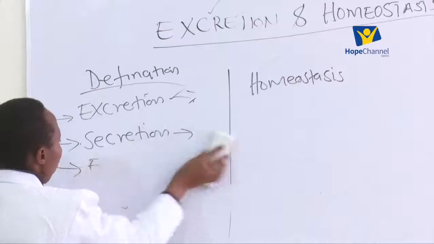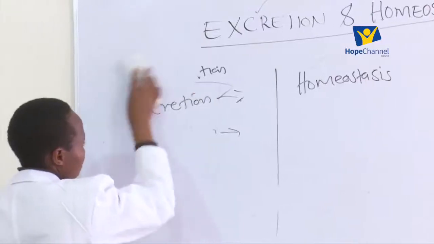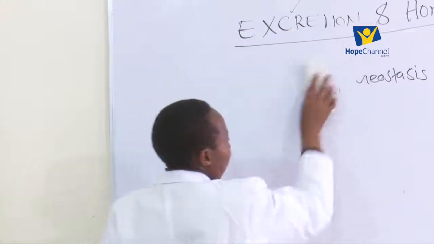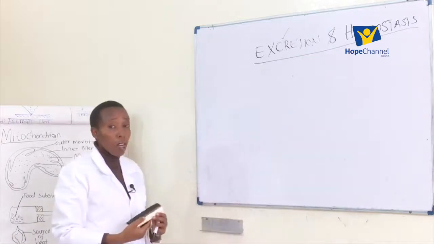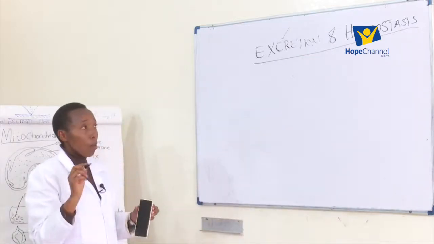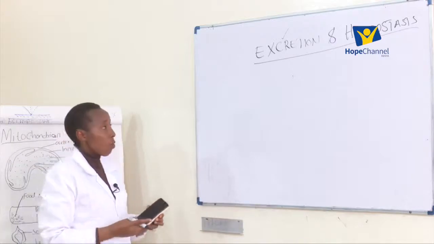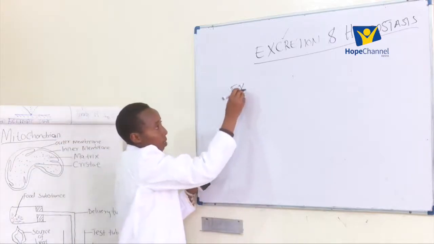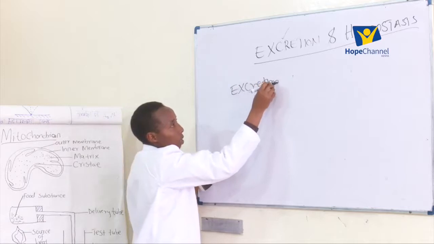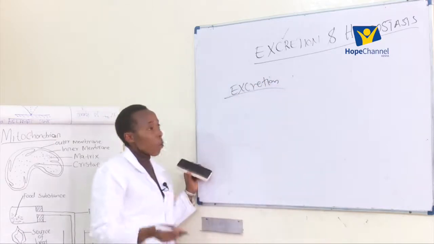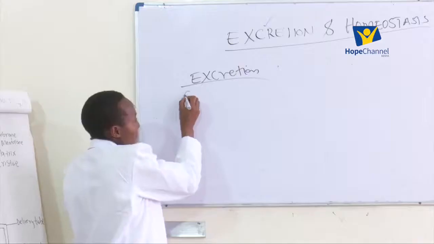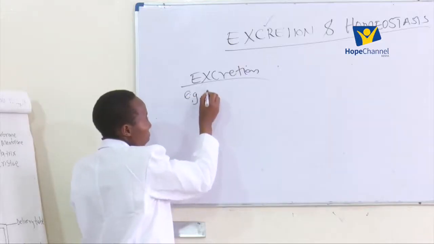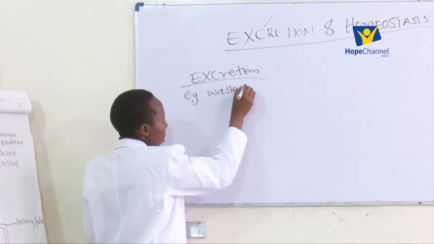Now, the question is, what is it that is excreted? Of course, we expect the excretory products in plants to be different from the excretory products in animals. In excretion, we are separating and removing waste products.